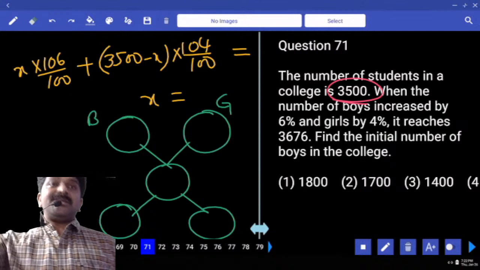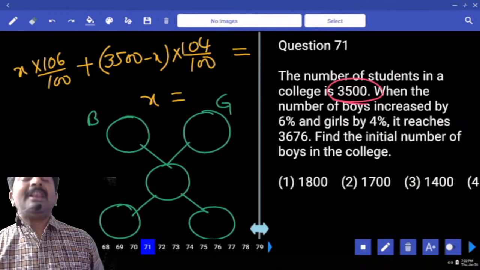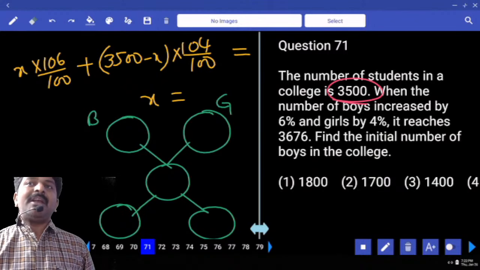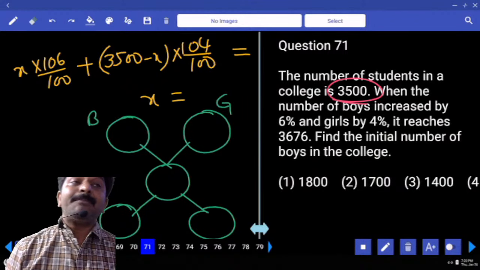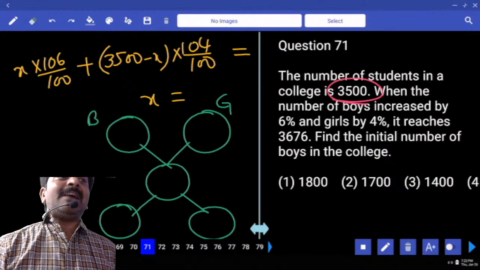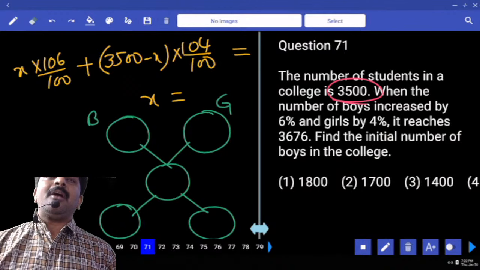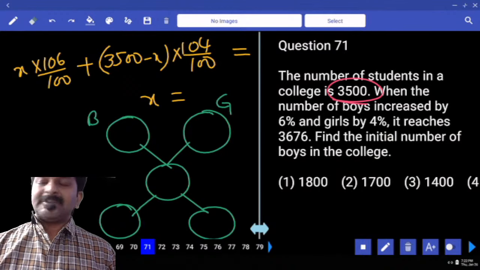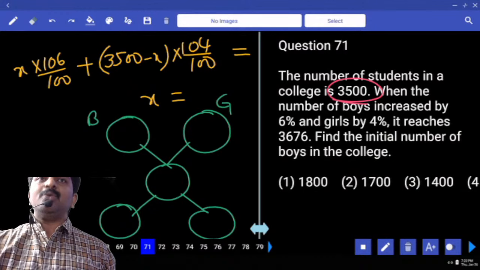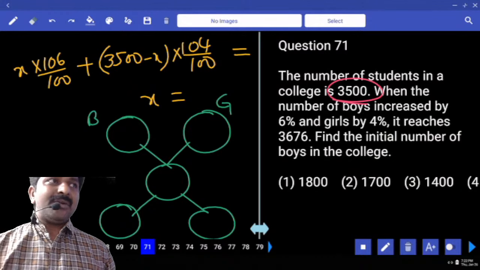If all are boys, the boys count increases by 6% only. Let's calculate what is 6%. How do you calculate 6%? 1% double and triple. 1% double, how much do you get? 2. Triple, 6. That's how it is easy.